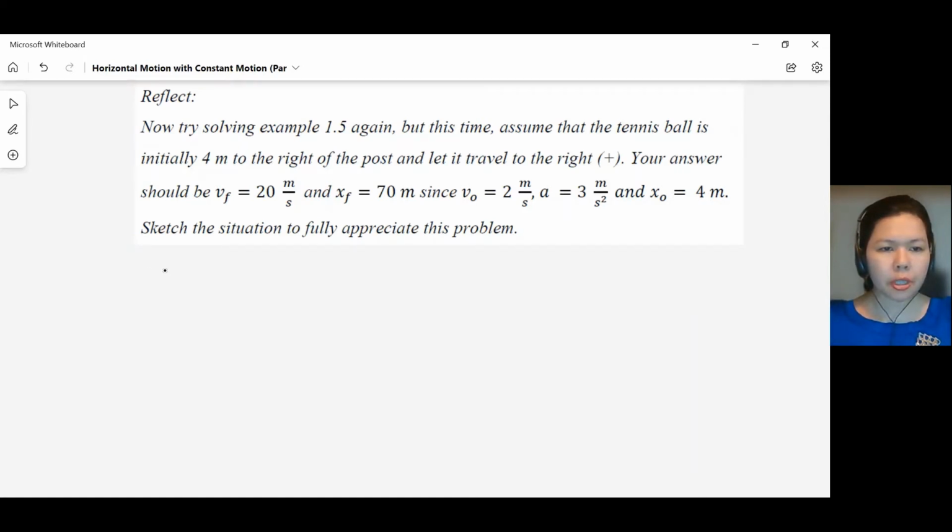So if we sketch, this is our post. And our tennis ball now, we place it to the right of the post, 4 meters.